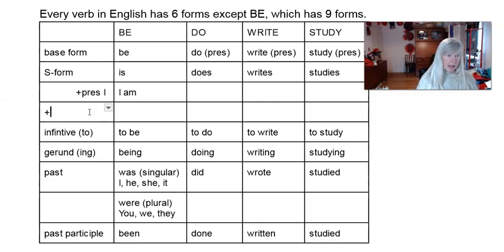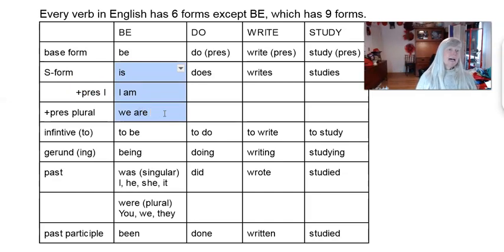And we also have the present plural form, which is are. We are. They are. Again, in the other verbs, we only use the base form for that. We do. We write. We study. So in be, we have 3 forms in the present.